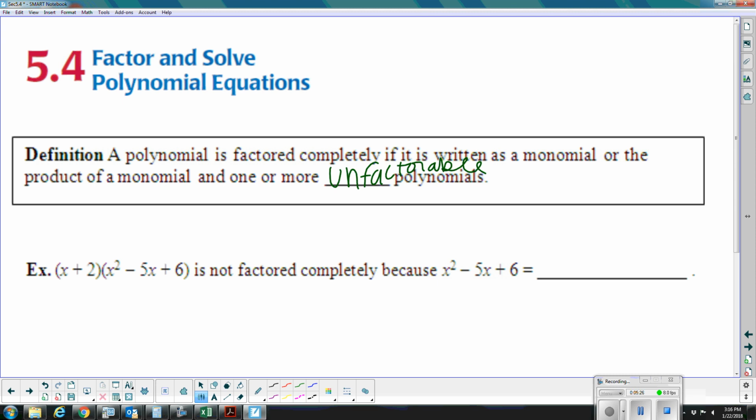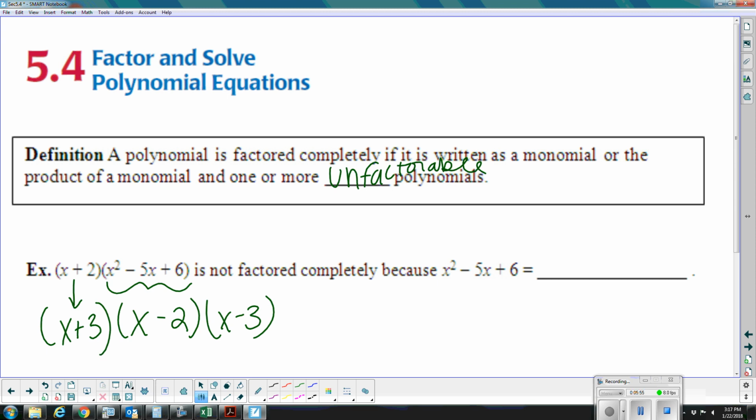So x plus 2 times the quantity x squared minus 5x plus 6 is not factored completely because you can still factor this trinomial. So x squared minus 5x plus 6, you can factor this as x minus 2 times x minus 3. So you would get factored completely, this would be x plus 2 times x minus 2 times x minus 3.